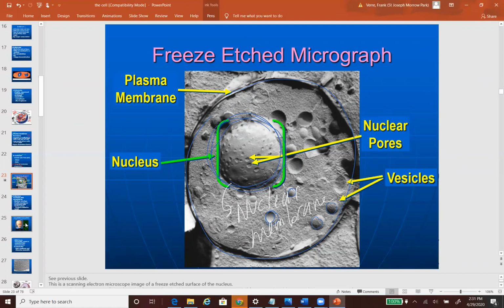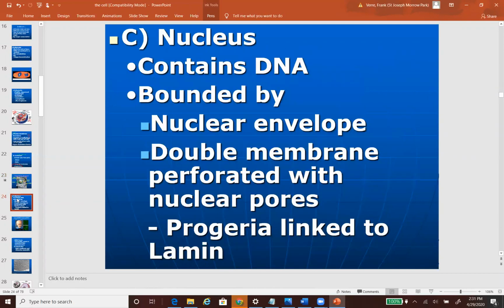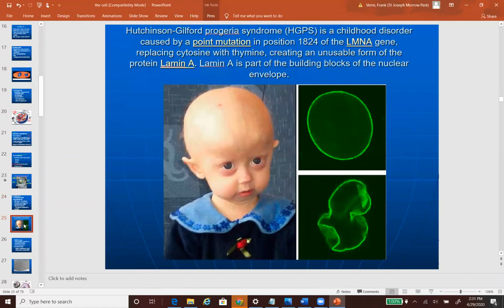And there's an interesting defect called progeria, which is due to a defect in the nuclear membrane that causes really rapid aging. These unfortunate individuals are born with progeria, which again comes down to a nuclear membrane problem.